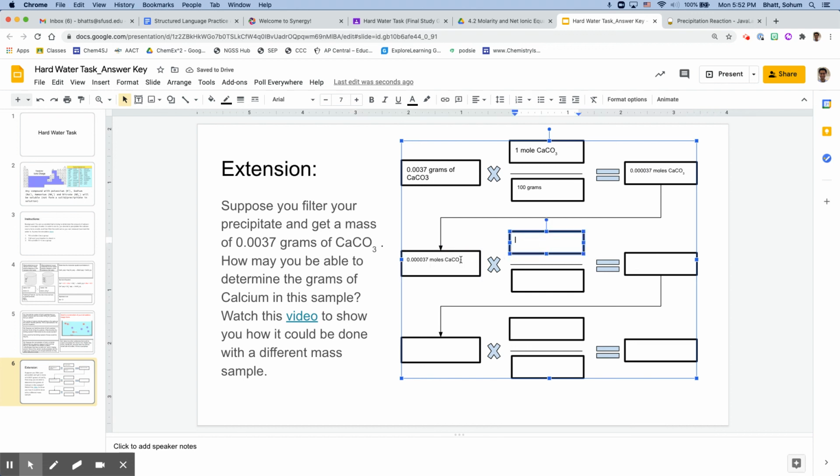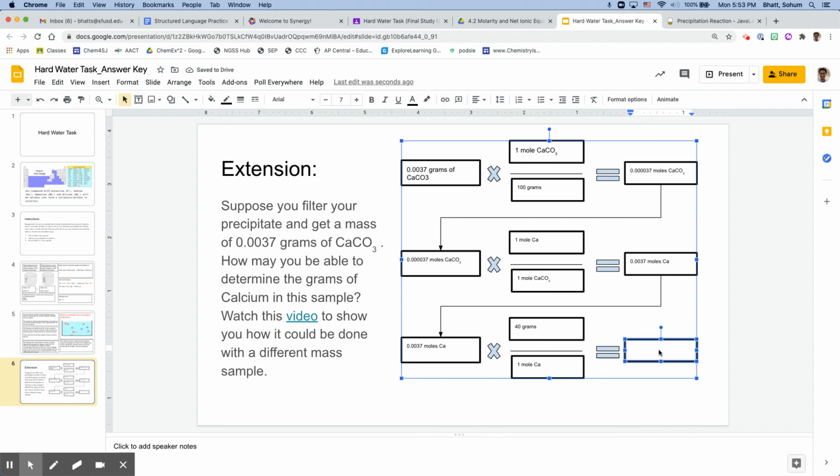In CaCO3 right here, I have 1 mole of calcium in 1 mole of CaCO3. It takes 1 particle of calcium to bond with 1 particle of CaCO3. So I can come up with this mole ratio. That's just going to give me 0.0037 moles of, now my units change, calcium. I bring that down, and I multiply by calcium, I think, is 40 grams per 1 mole of calcium.